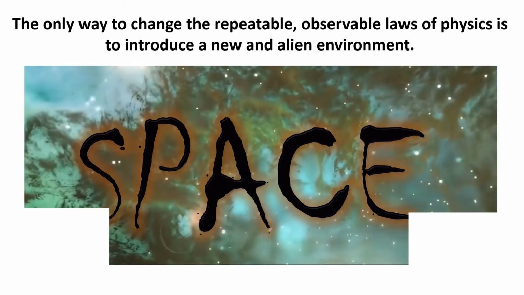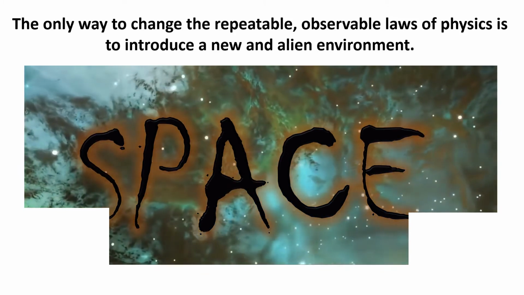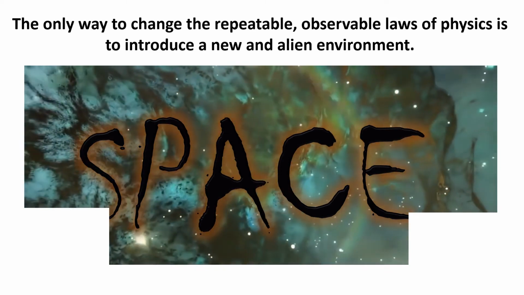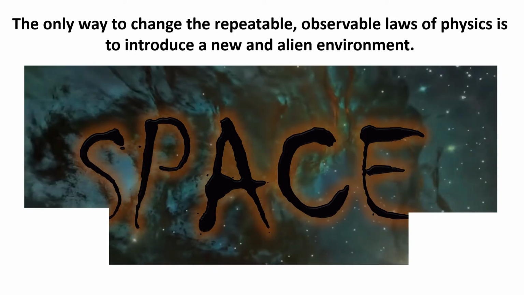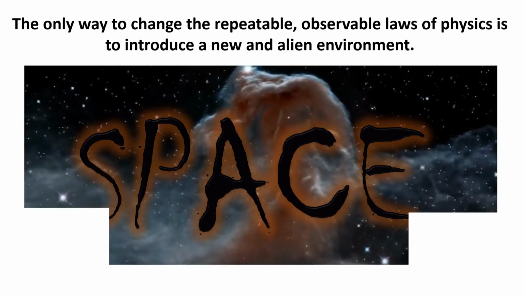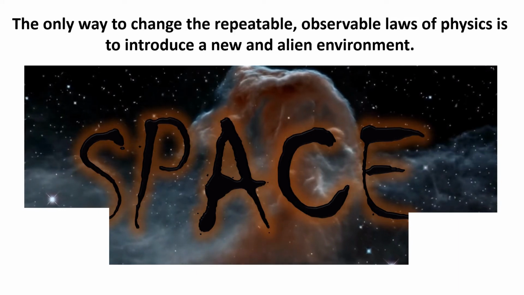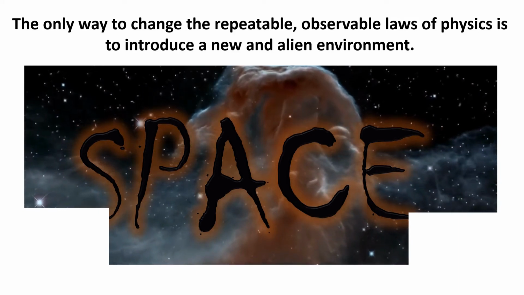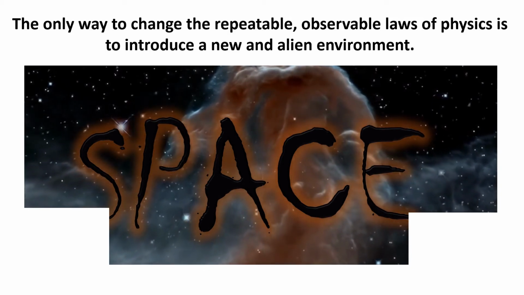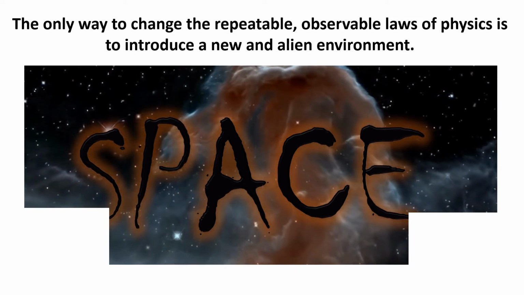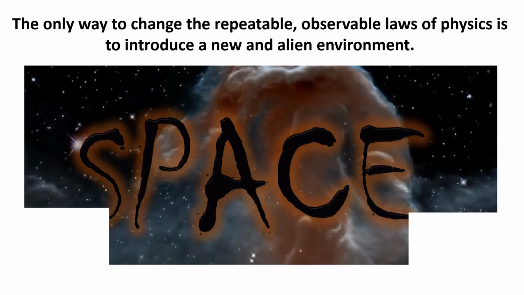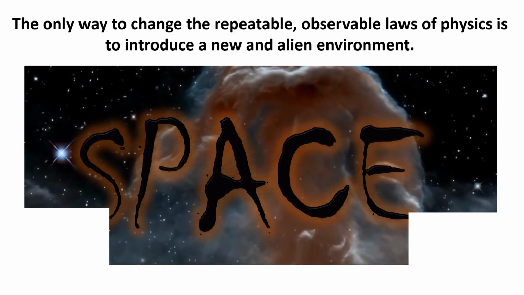Because when you take space, which is an unproven concept, and add it into the equation, then basically you can say anything you like. You can change the rules and change the laws that we are familiar with on a day-to-day basis and make them totally different because this construct called space is unsubstantiated, unproven, and you can basically do anything you like there.